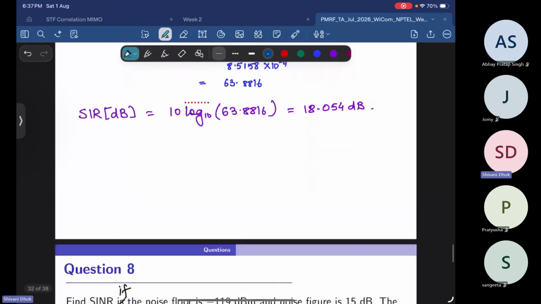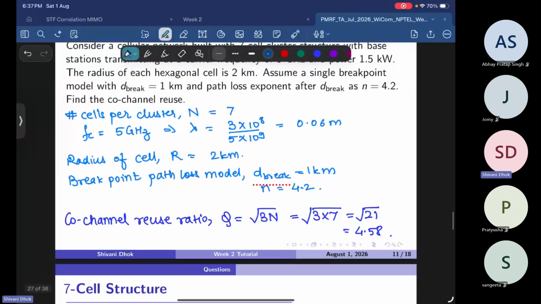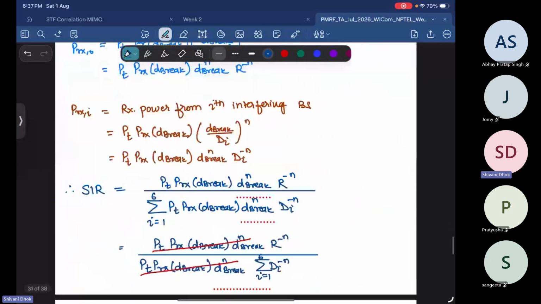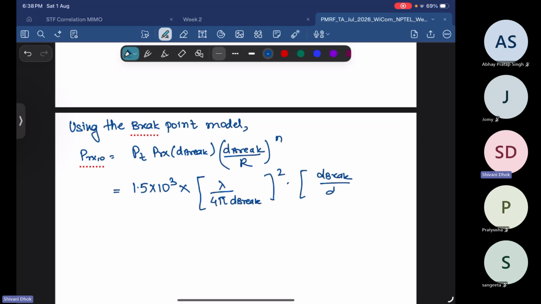So transmit power is given to us as 1.5 kilowatt, into PRX of D break, which is nothing but lambda upon 4 pi D break whole square into D break by D to the power n.